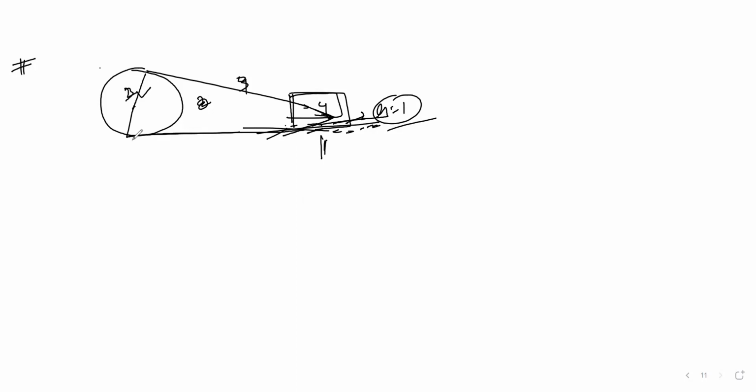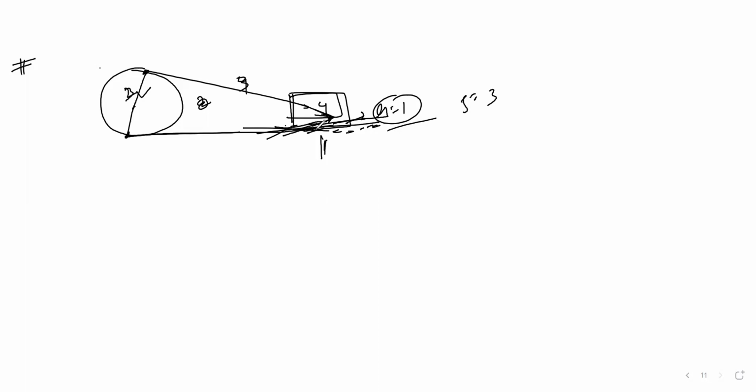Now how many joints are there? 1 binary joint, 2 binary joints, 3 binary joints. Okay, 3 binary joints. One binary joint is here, and one more at this point.